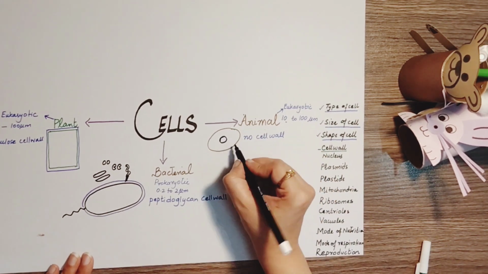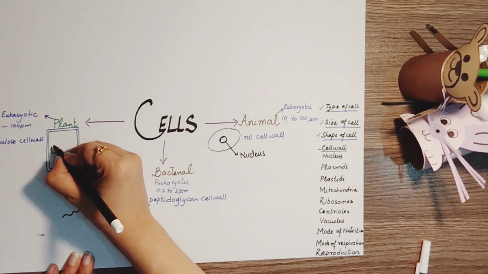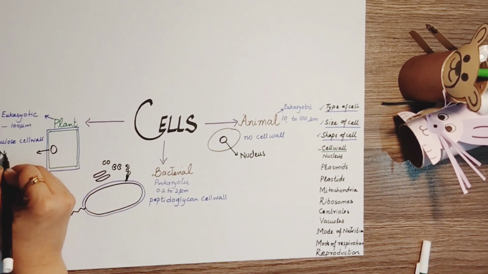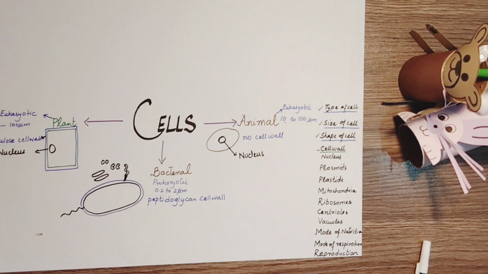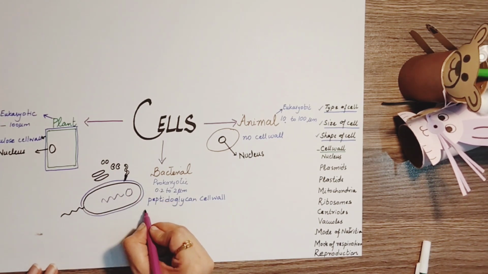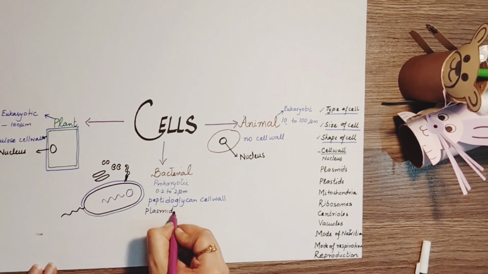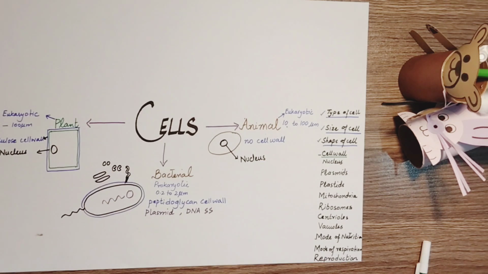Let's talk about their nucleus. There is a very prominent nucleus. When we make the slides of animal and plant cell, the nucleus can clearly be seen in our microscope. Then if we talk about the nucleus of bacteria, bacteria actually do not have a prominent nucleus. It has a plasmid and it has a single-stranded DNA, as you can see in the diagram.